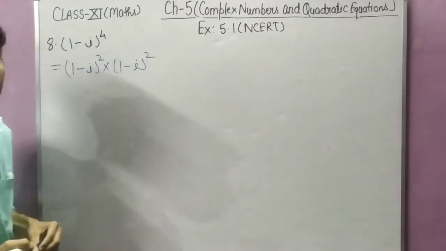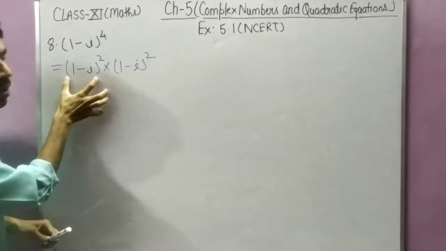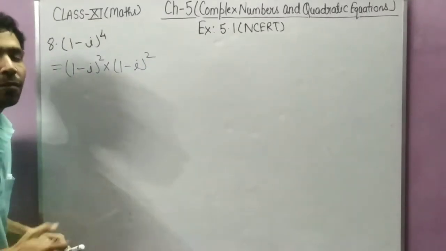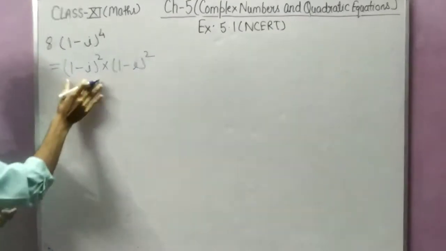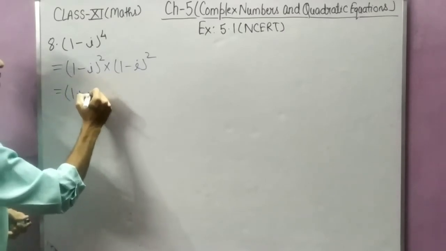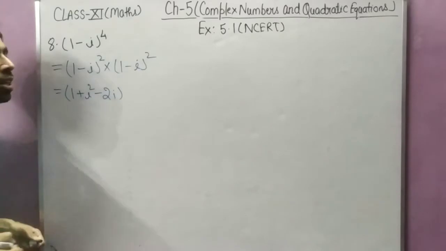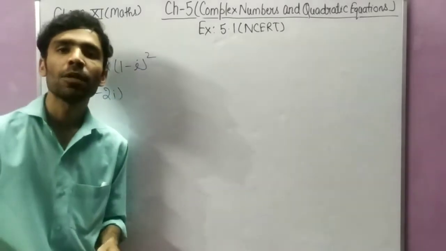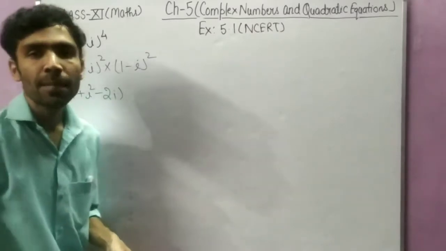Now you can expand this (1 minus i) to the power 2 using the formula of (a minus b) whole square. So it will come 1 plus i square minus 2i, because we know that the formula of (a minus b) whole square is equal to a square plus b square minus 2ab.